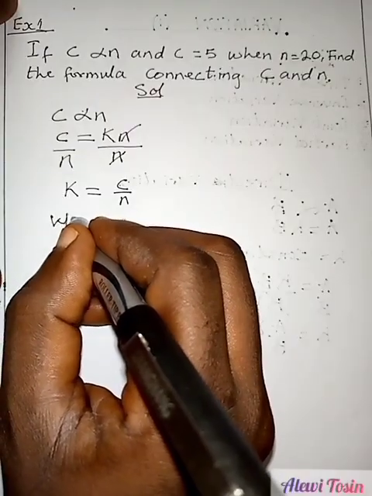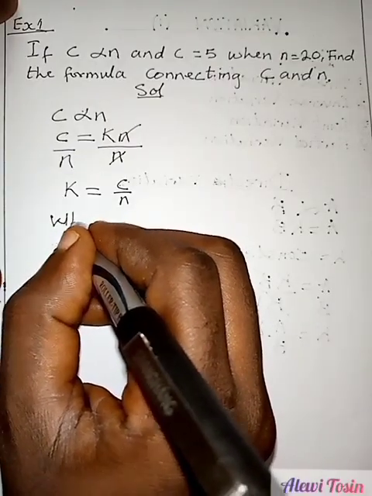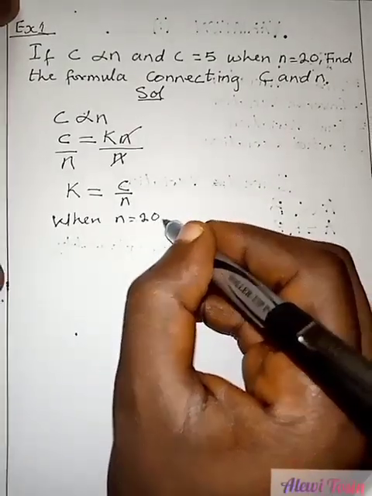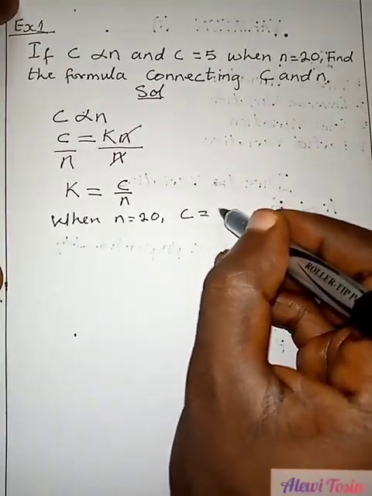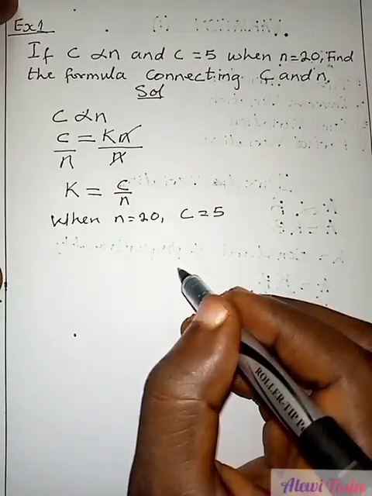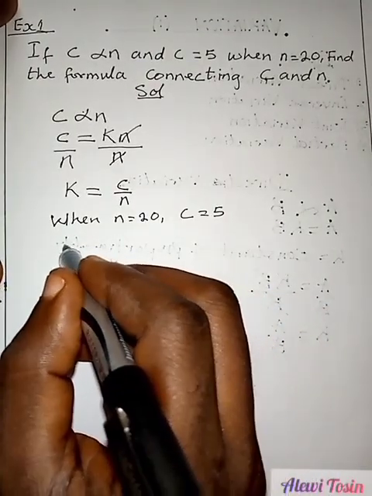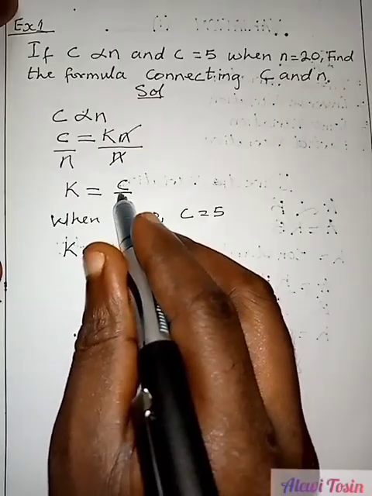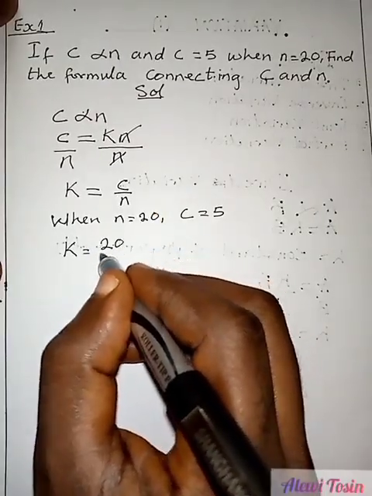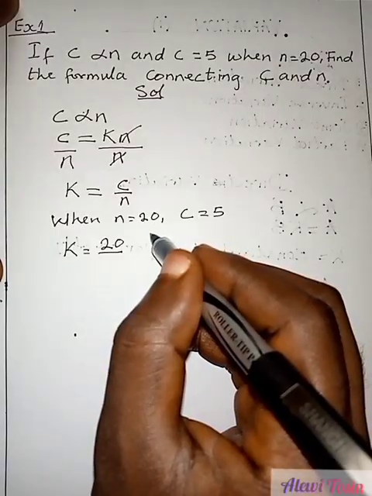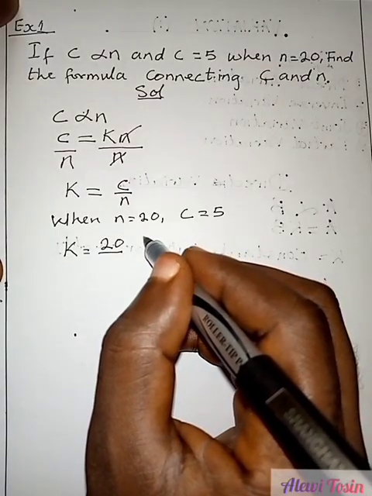Now, when N equals 20, we're told that our C is equal to 5. So in that case, let's sub for C equals 5 over N, which is 20.